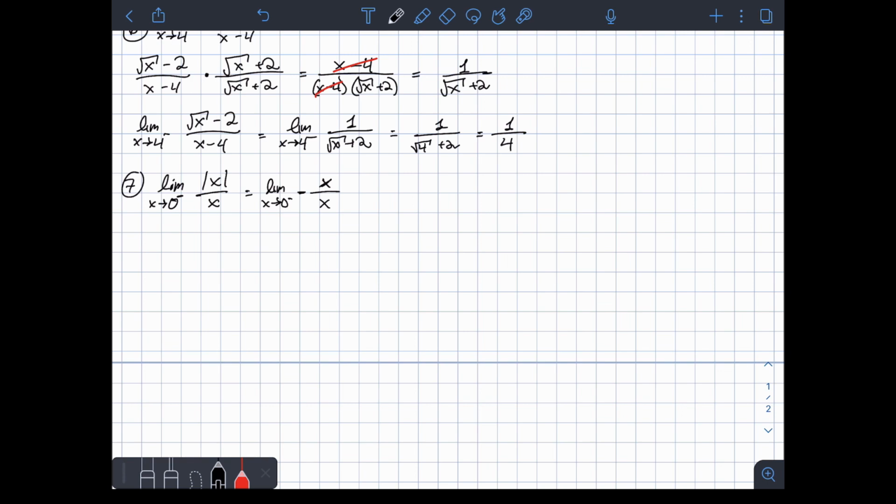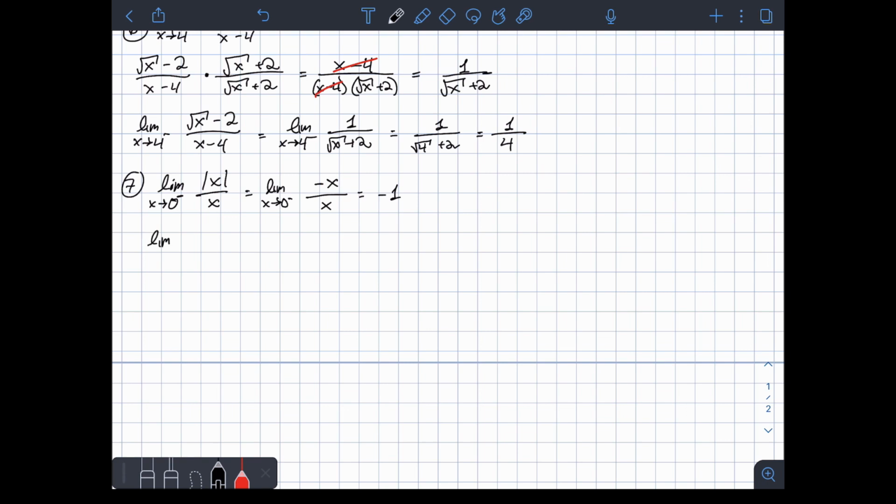If you think of it this way, it's a better way to think of it: x is approaching 0 from the left, so x is always going to be negative. But if we have the absolute value of x, then that's always going to be positive. So negative x is actually always going to be positive, and x will be negative. And if you do that, that's equal to -1. So that's the limit as you approach from the left.